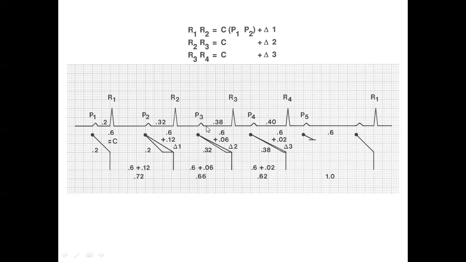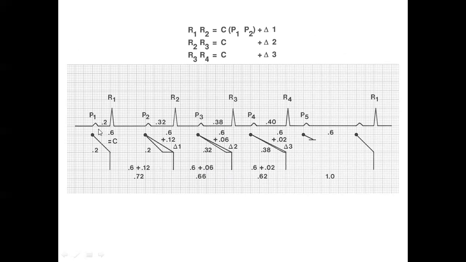And yes, the PR further lengthened, but by how much? Here, it lengthened by 120 milliseconds. Here, it lengthened, but only by 60 milliseconds. Lengthened, yes. By how much? Only by 20 milliseconds. The result of that is the RR interval will get shorter and shorter.